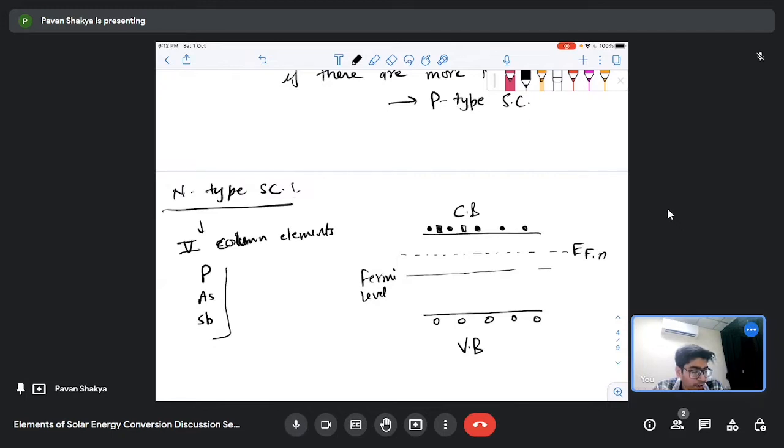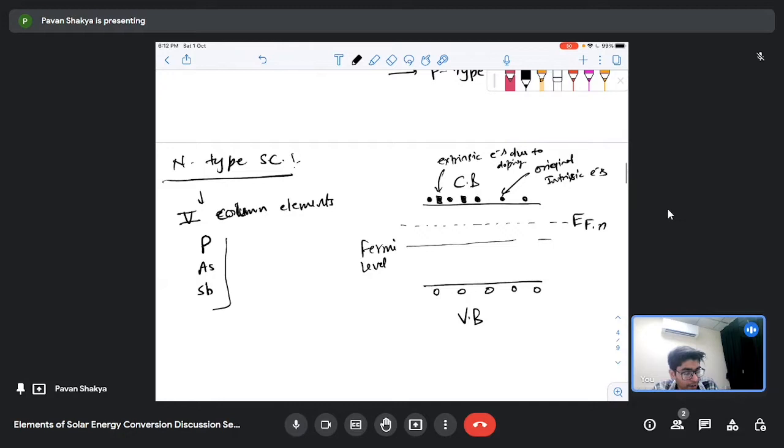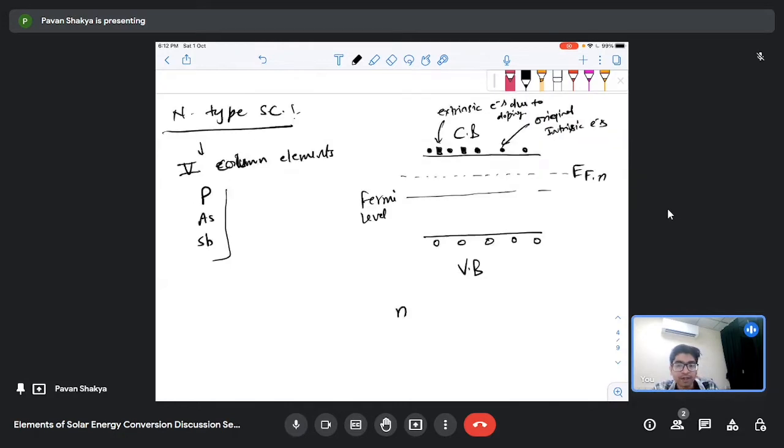These are the extra electrons because of this doping. These were the original or intrinsic electrons, and these are the extrinsic or external electrons due to the doping. In this case, the number of electrons, n, will be greater than the number of holes.